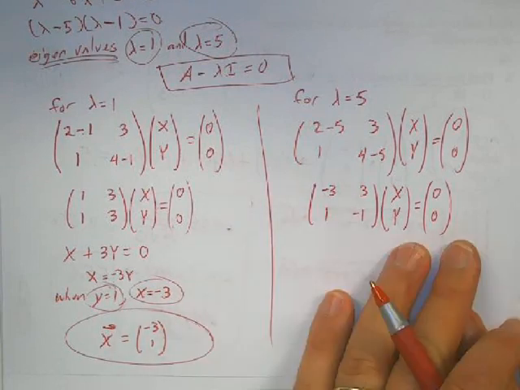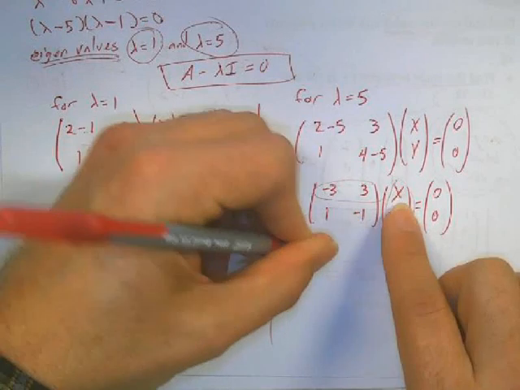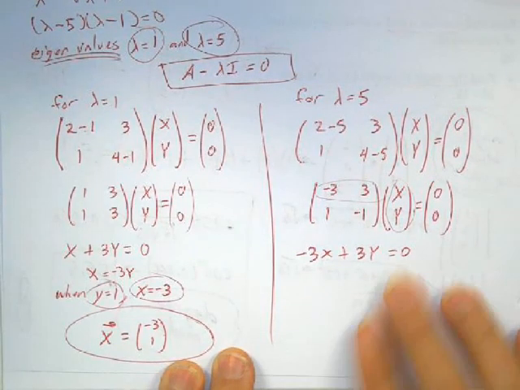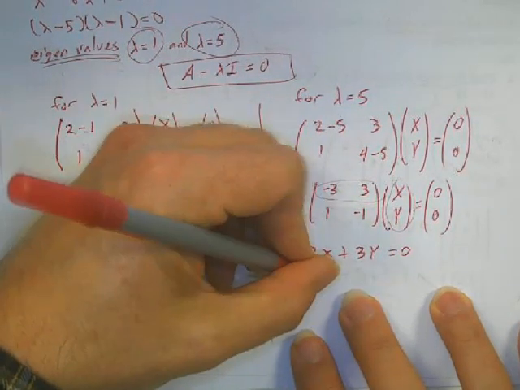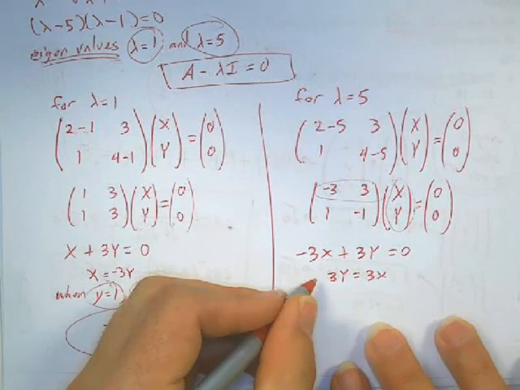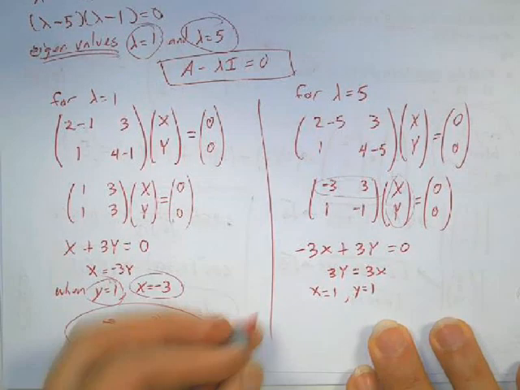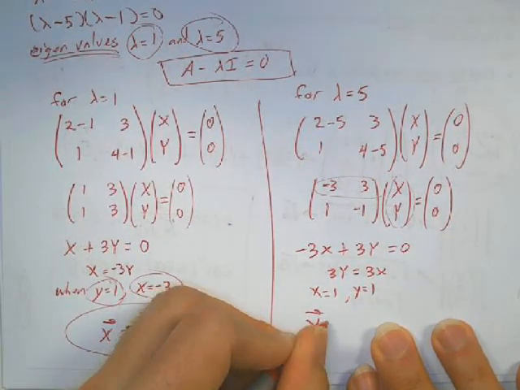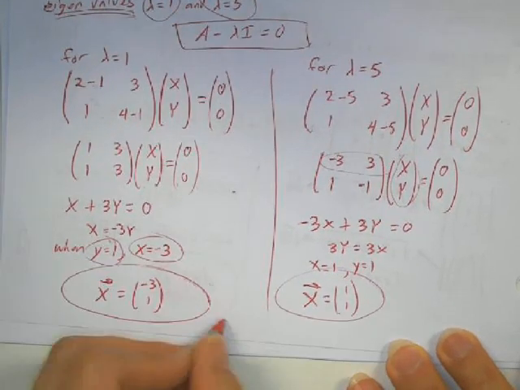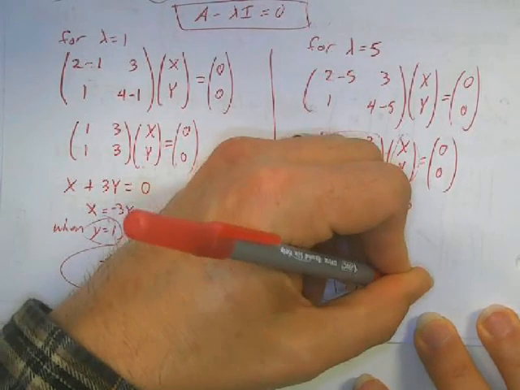Basically we can take the first row: negative 3 times x plus 3 times y equals 0. I could add 3x on both sides and get 3y equals 3x. So quickly we can say that when x is 1, y equals 1. That means my other eigenvector is going to be 1, 1. So these here are my two eigenvectors.